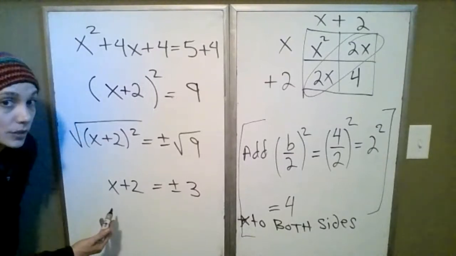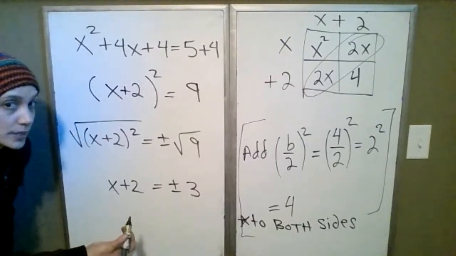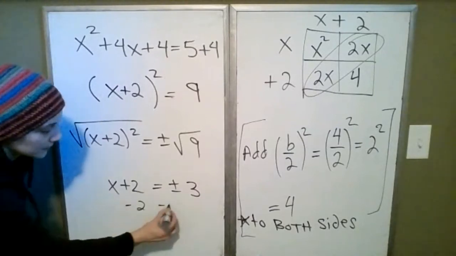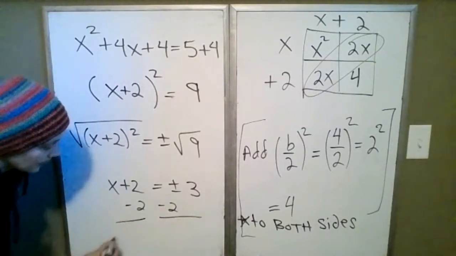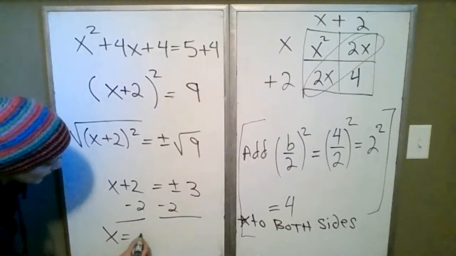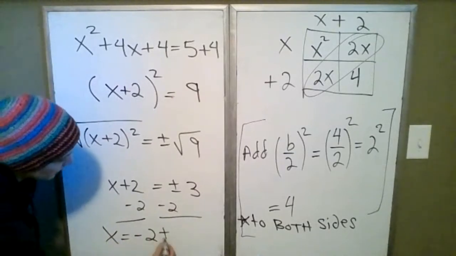Okay, I could subtract 2 from both sides. And x is negative 2 plus or minus 3.